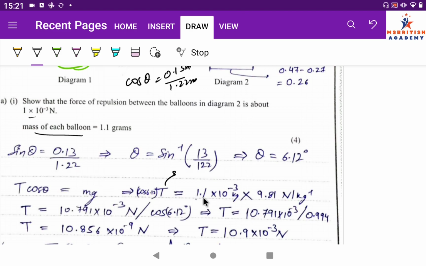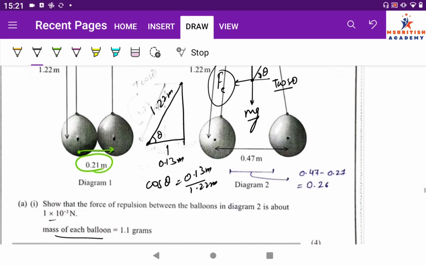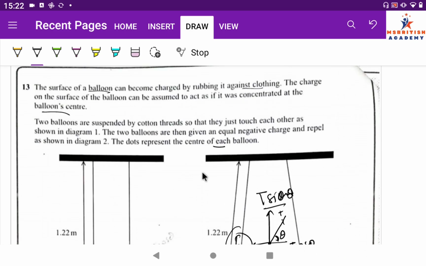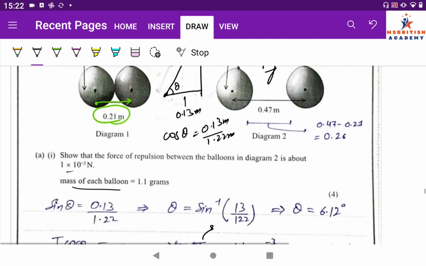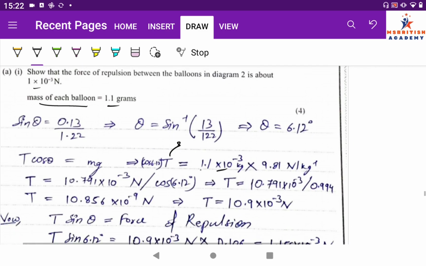The mass of the balloon is given here as 1.1 gram. So 1.1 gram in kg, and the value of g in newtons per kg.